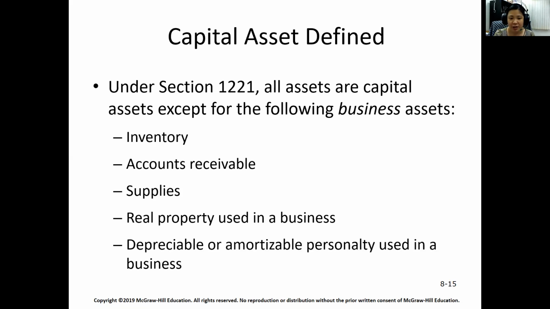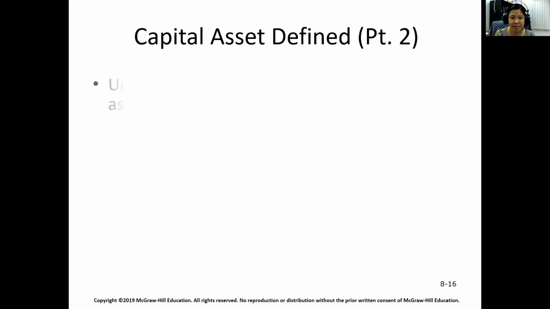Depreciable or amortizable personal property used in a business, like equipment, machines, office furniture, are not capital assets.